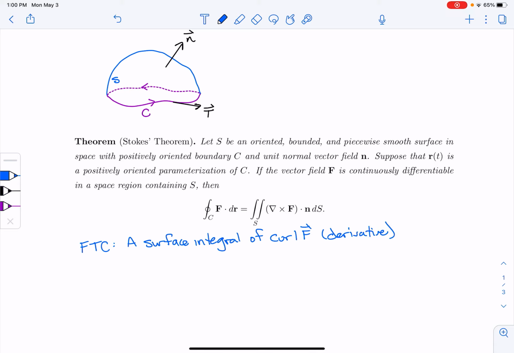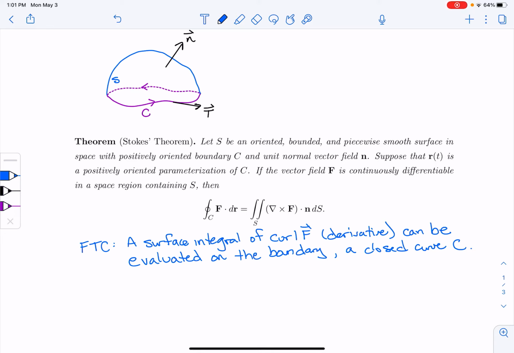And it can be evaluated on the boundary. Okay, a closed curve C.